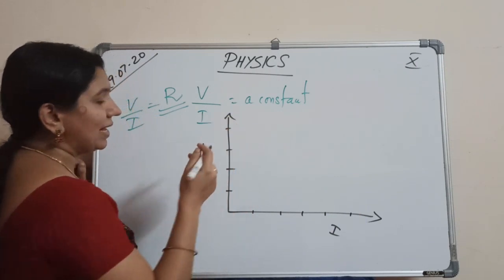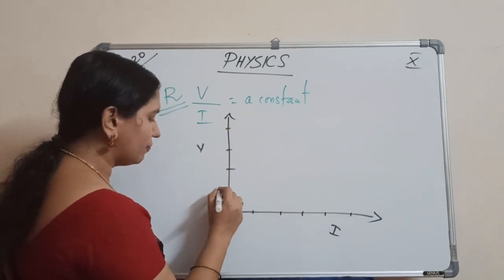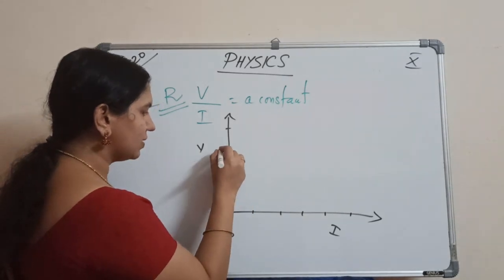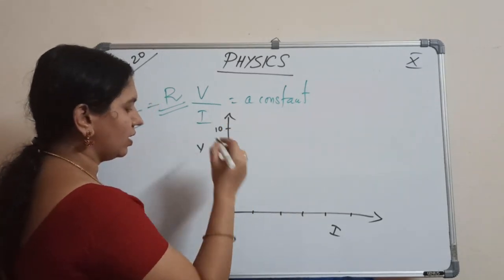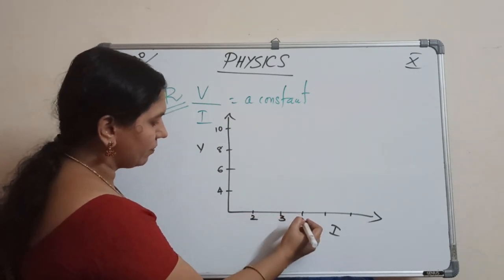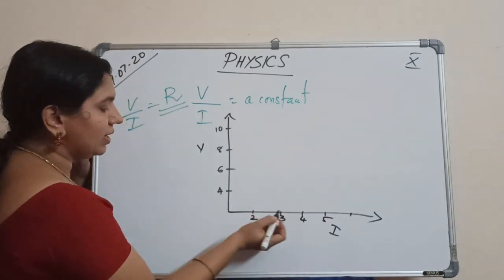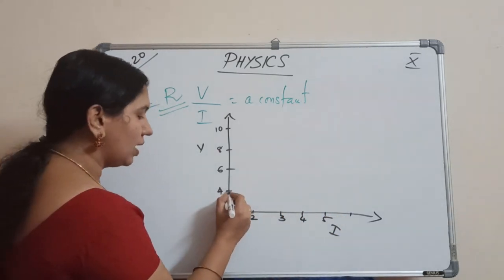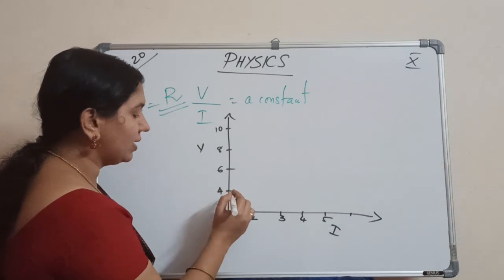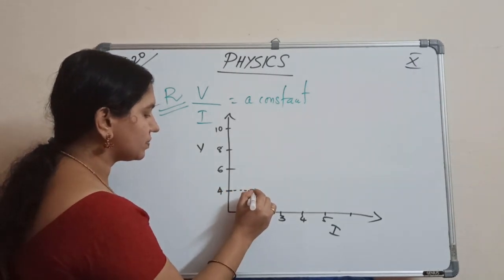Now, let us plot the values that we took there. That is, we took the values like 4, then 6, 8. Here we took the values 2, 3, then 4, 5, etc. So for current equal to 2, I have voltage as 4, right? So I will plot like this.